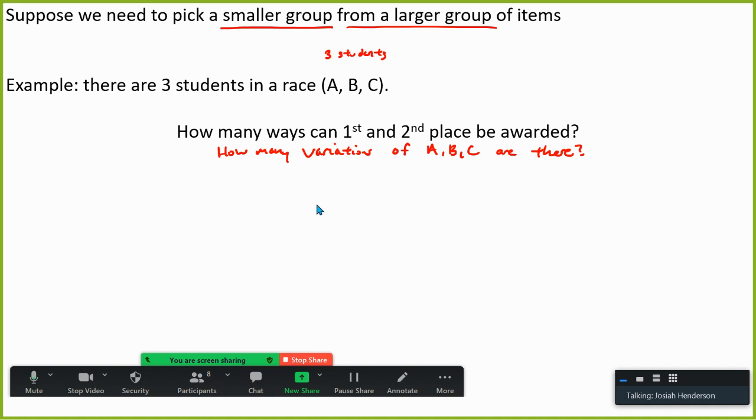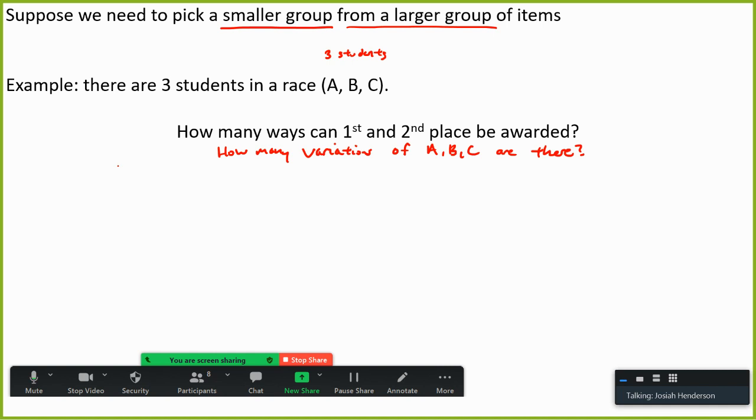So let me try to map this one out visually, and then we will learn another shortcut to answer this sort of question. So this time we're not drawing from different lists. We just have one list, one group of items, A, B, and C. And I want to pick from it a smaller group of 2.